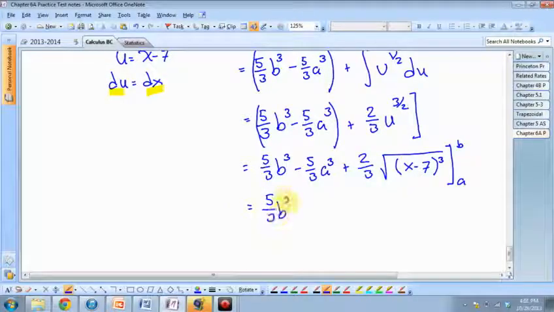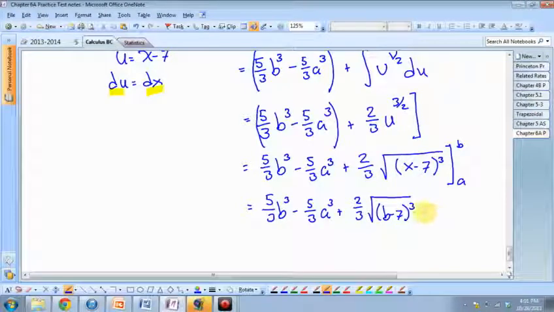5/3 b cubed minus 5/3 a cubed plus 2/3 of the square root of b minus 7 cubed minus 2/3 the square root of a minus 7 cubed. Wow, that's annoying, right? And I think that's it, right?